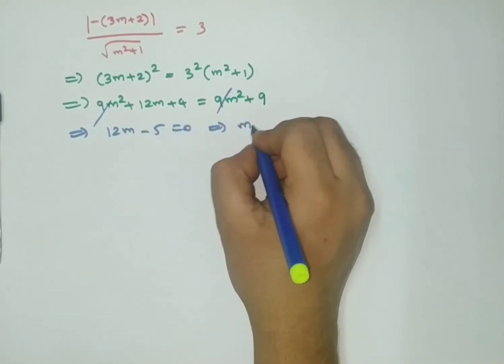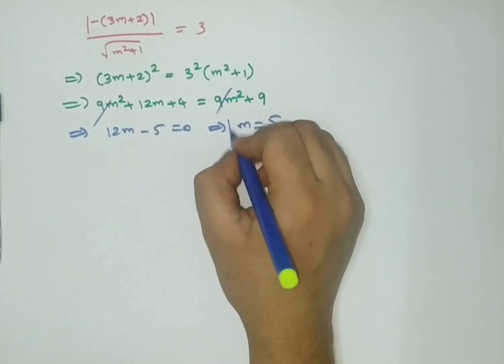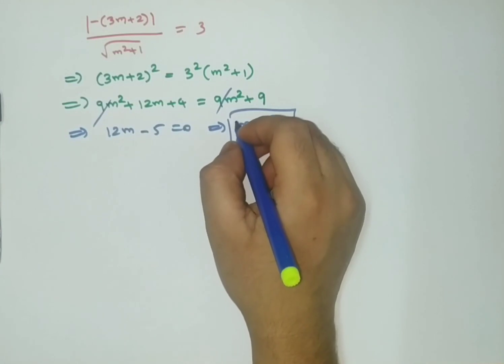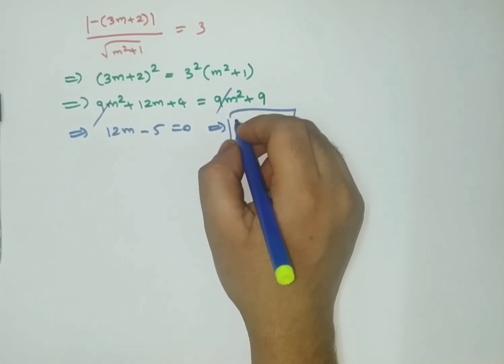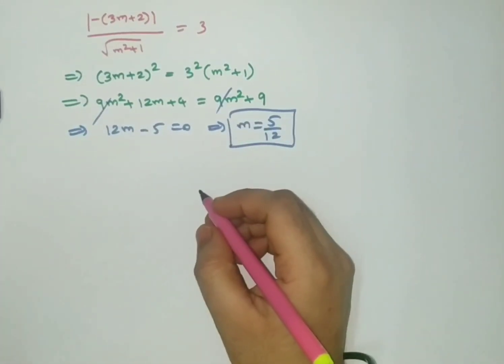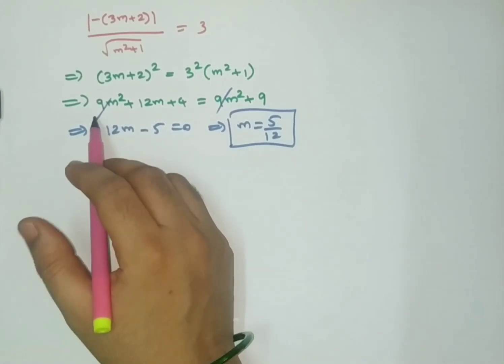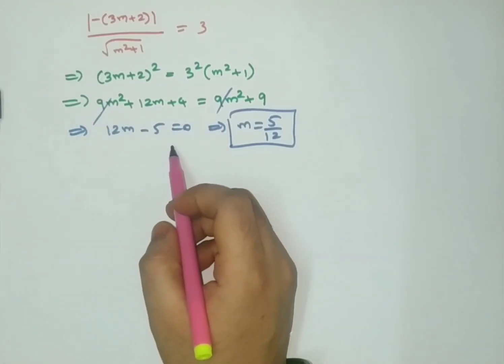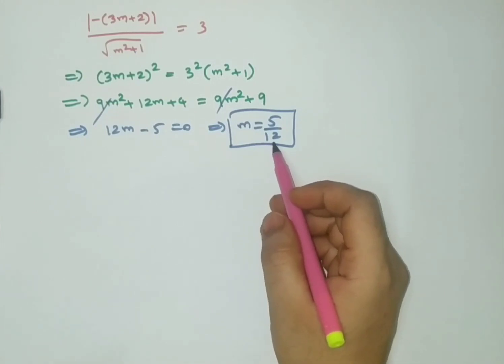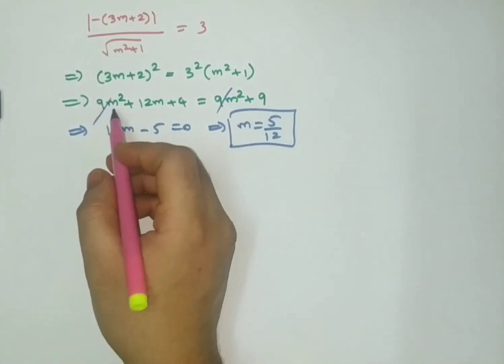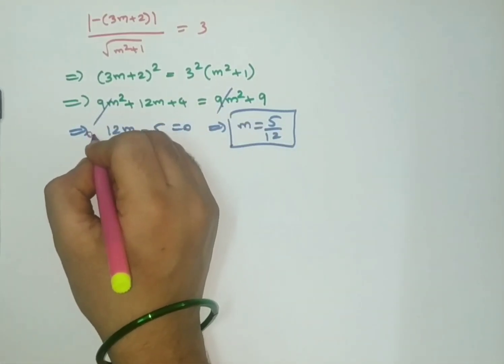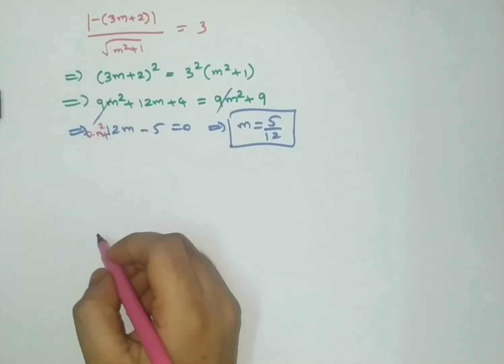That means m is equal to how much? 5 by 12. Now let us substitute this m value. Actually, here in the equation we should get 2 roots, but instead of 2 we got only 1 value. That means 9m square minus 9m square gives 0 into m square plus 12m.